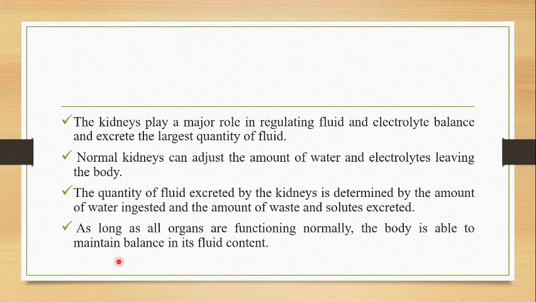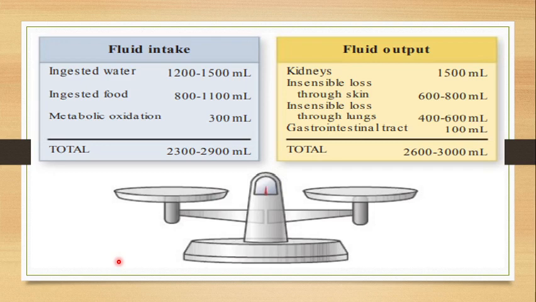The kidney has a major role in excreting fluids and electrolytes, so homeostasis is maintained by the kidneys. In fluid intake, ingested water is 1200 to 1500 ml and food containing water is 800 to 1900 ml. Oxidation of food gives 300 ml of water.